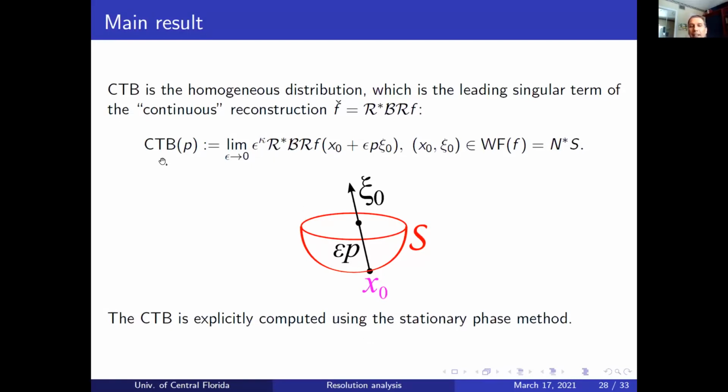The computation of the continuous transition behavior is fairly standard. You can either do it using the stationary phase method or using the well-known calculus of Fourier integral operators. So F is a conormal distribution. It has a certain principal symbol. Then you can apply R to it, and R star. One way or the other, this is a fairly standard calculation to come up with the CTB.